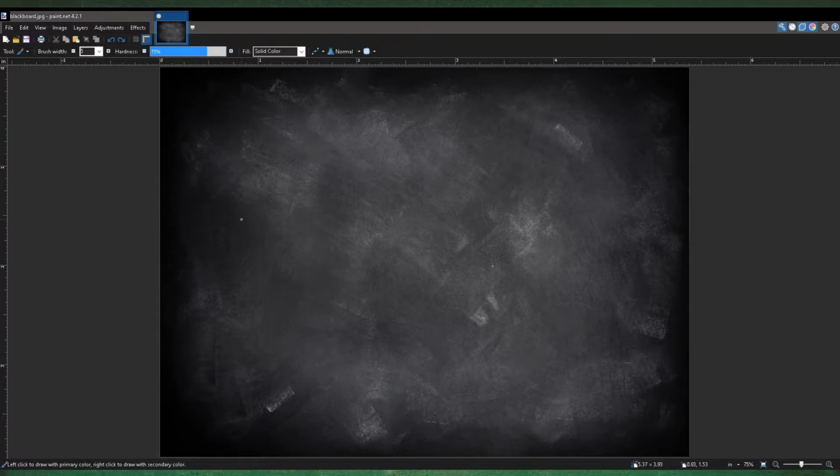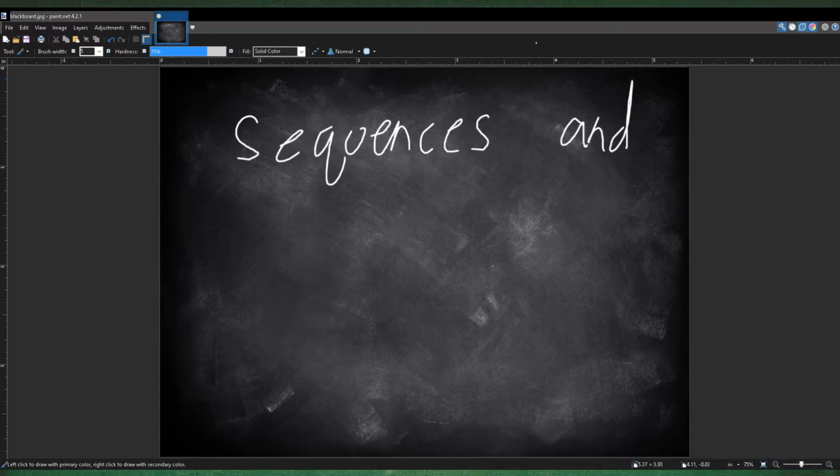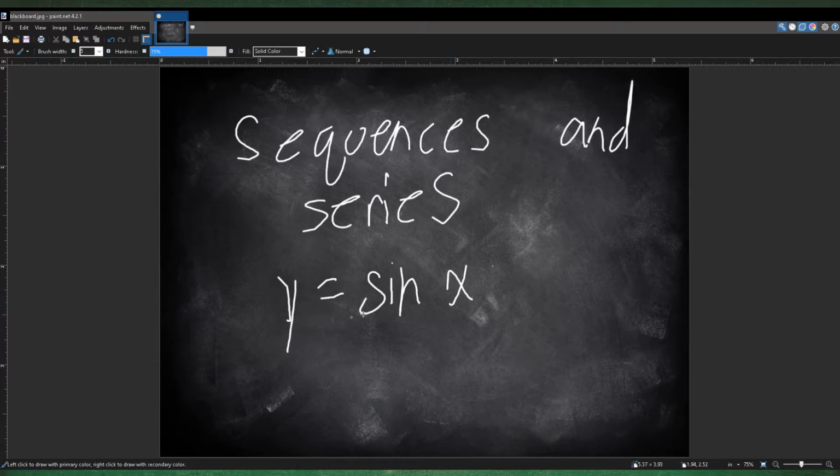And then we have sequences and series, which basically use sequences and series to find approximations for graphs and actual numerical answers. So this is usually done by, let's say we have a trigonometric graph. So we have sine of x, right?